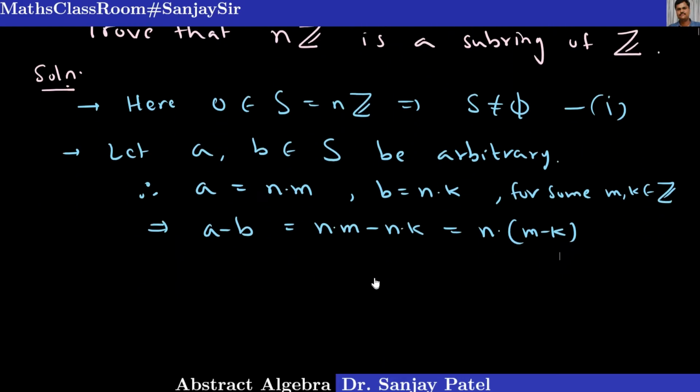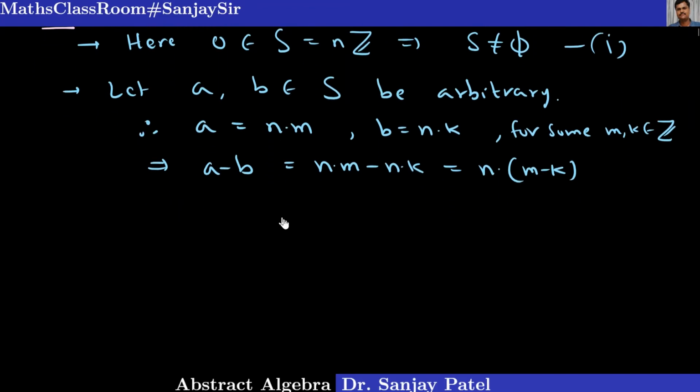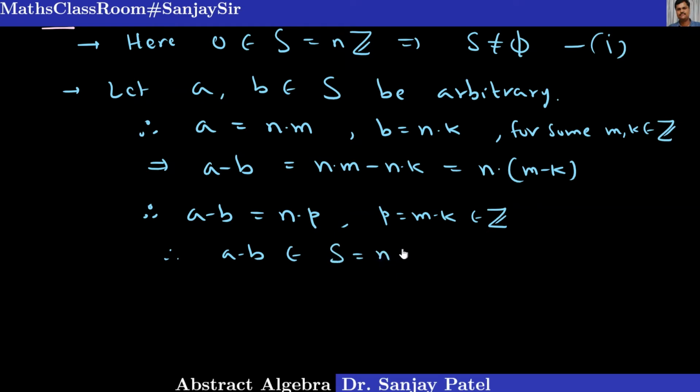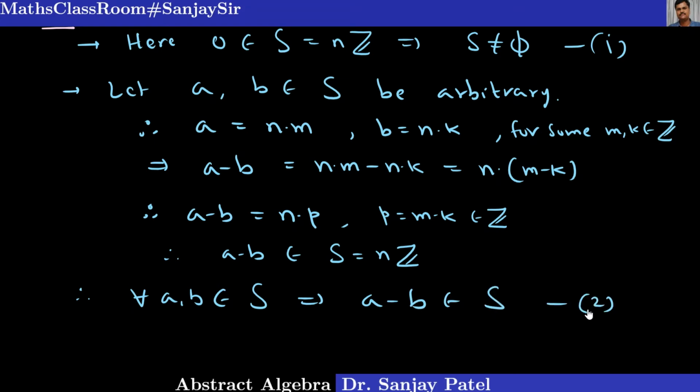This m minus k is also an integer because m and k are integers. So we can express A minus B in the form n into p, where p is m minus k and it is an integer. So the conclusion is this element is also a member of the set nZ, meaning the set S. So what I have proved is, for all A and B belonging to the set S, A minus B also belongs to S. So this is my result number 2.